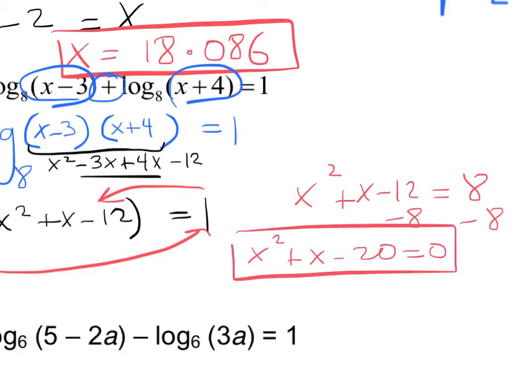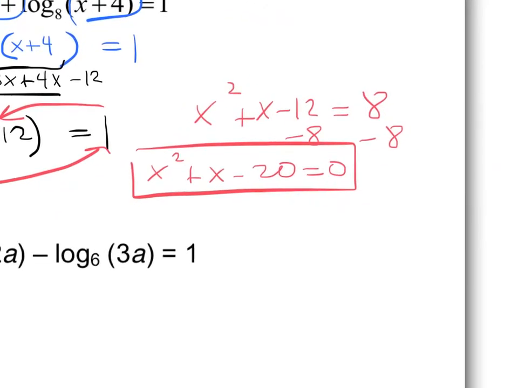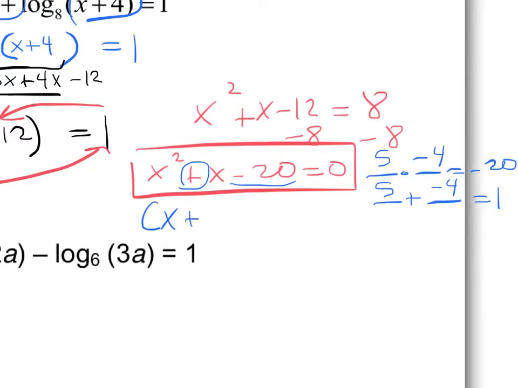Now remember, to solve this one, you need to think of two numbers that would multiply to give you negative 20 and add to give you 1. So two numbers that would multiply to give you negative 20 and add to give you 1. The two numbers are 5 and negative 4. So you put them as such. And then you will see that the two roots are x equals negative 5 and x equals 4.